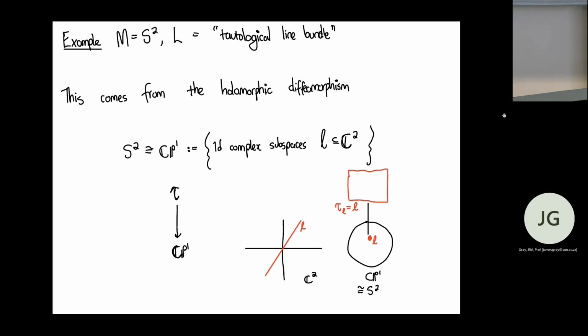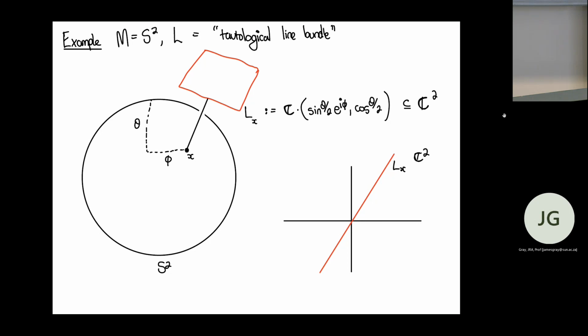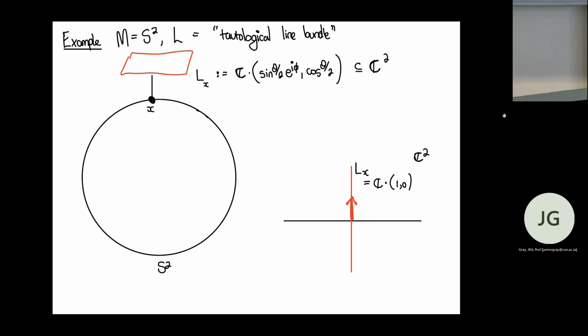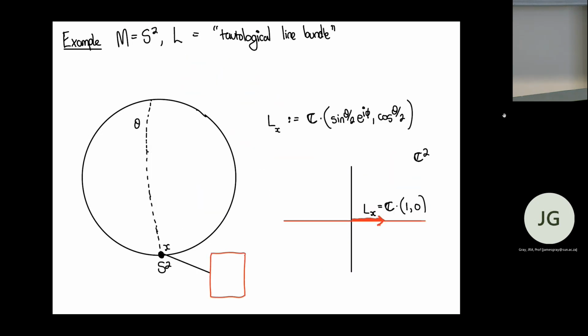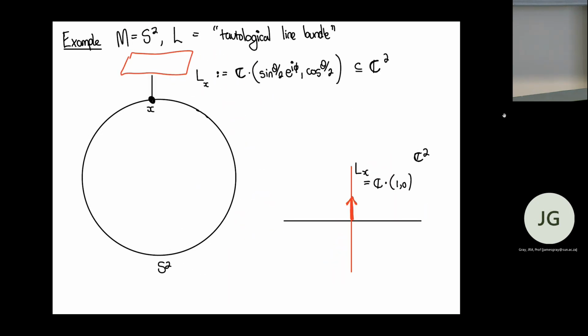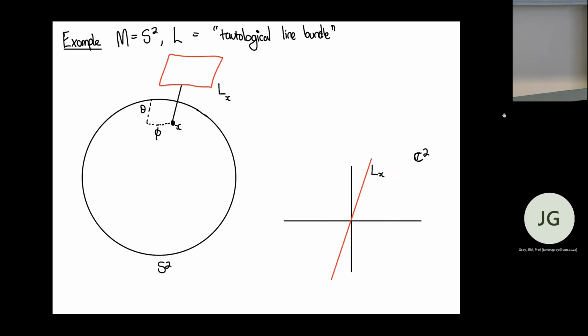And when you make the identification between the 2-sphere and CP¹, that means above every point on the 2-sphere, I've got this line bundle, or this complex vector space, and you can actually draw a nice picture for what these vector spaces look like. Okay.